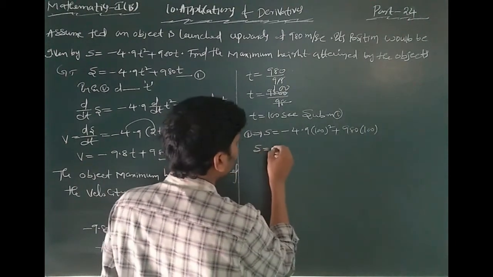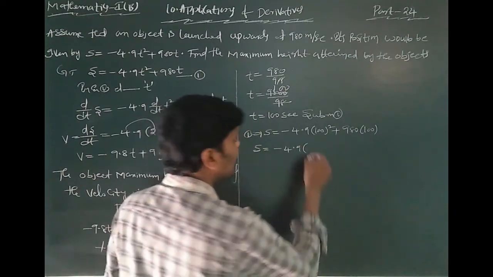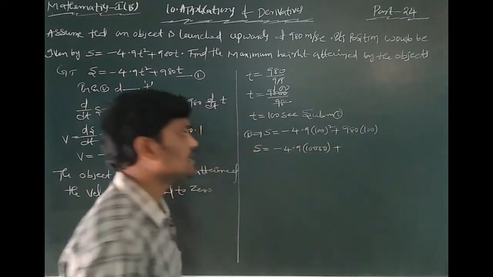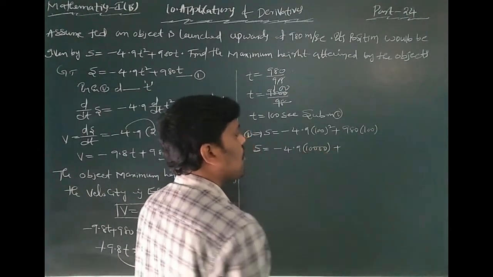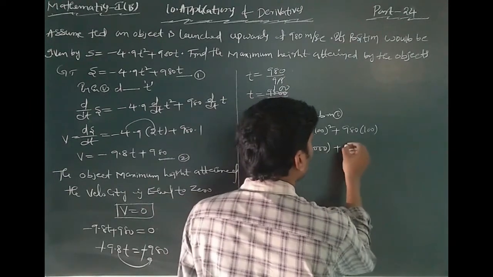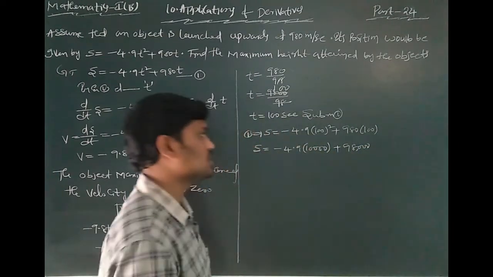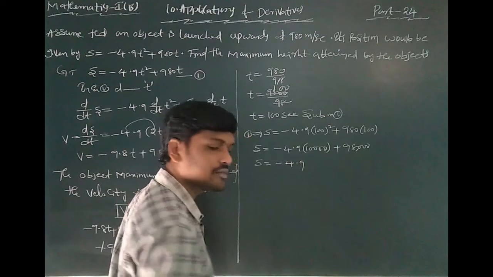You can get s is equal to minus 4.9 into 100 square, nothing but 10,000, four zeros. After that you can write 980 into 100, nothing but 98,000.